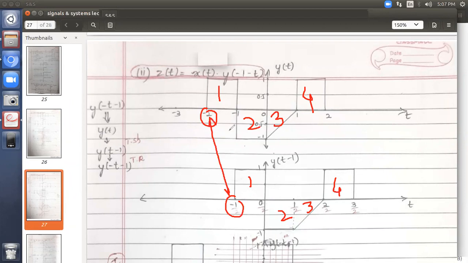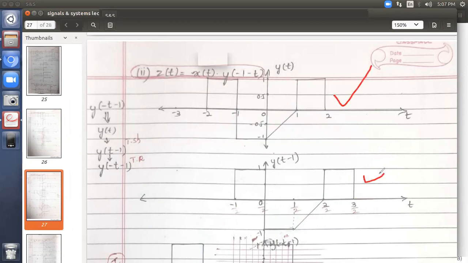There is a difference of 1. Between 2 and 3, you have a difference of 1. So the signal is shifted to the right side by 1 amount. Observe, all the amplitudes are as they are. The complete signal is as it is, only shifted by 1 amount.